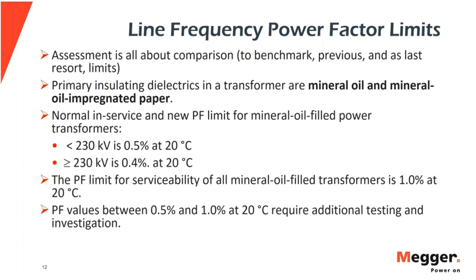For normal in-service and new power factors for mineral oil filled transformers, limits are dependent upon the voltage rating of the transformer. If it's less than 230 kV, it's 0.5% once it's been corrected to a 20 degrees C reference. For greater than or equal to 230 kV, that's tightened up a bit, and the ultimate power factor limit for acceptability would be 0.4%.